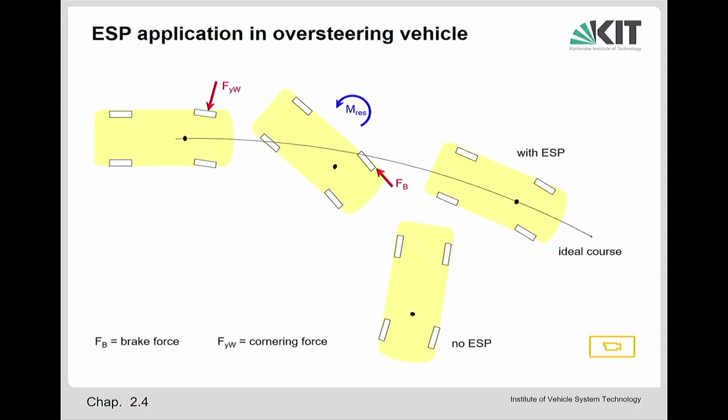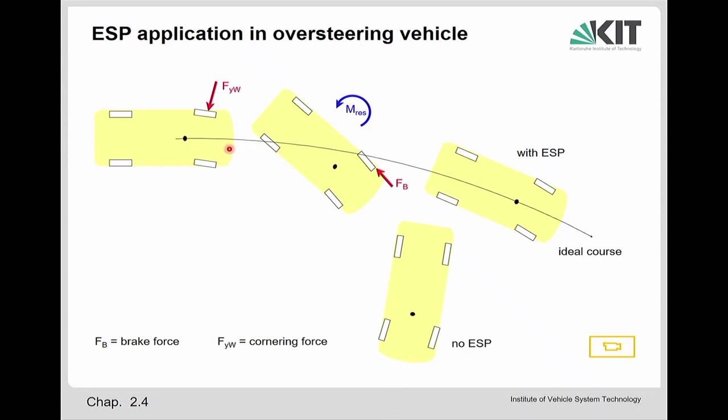And this behavior of a vehicle is called oversteering. It means I steer with the vehicle, I introduce a steering action with the steering wheel, but the response of the car is stronger than expected. If this is the case, then we say the vehicle is oversteering. And this is the situation shown here.